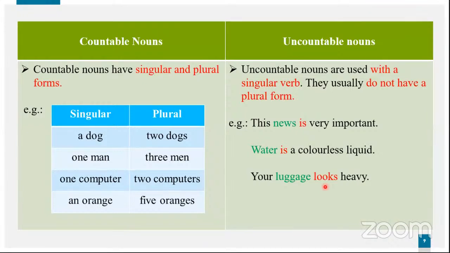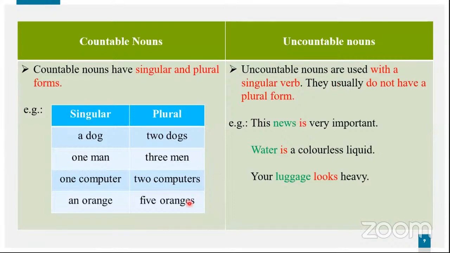We learned two differences. One is that countable nouns can be counted and uncountable nouns we can't count. And the second difference, countable nouns have singular and plural forms, and uncountable nouns usually don't have a plural form, right?